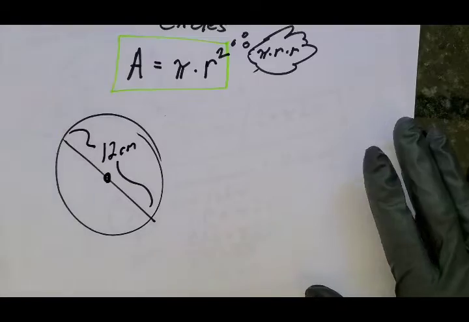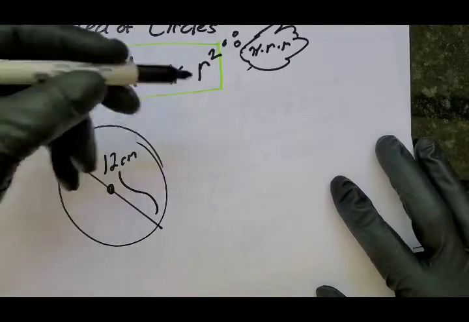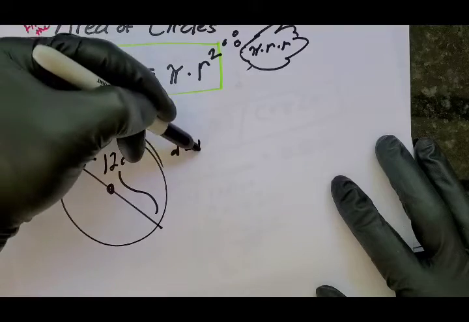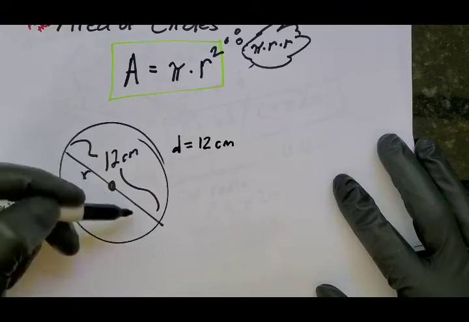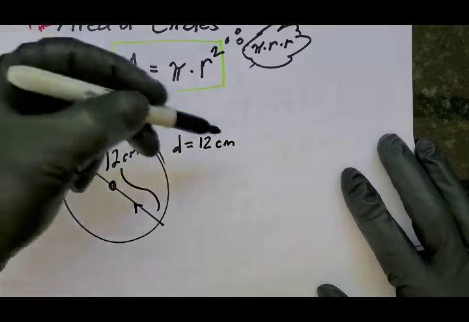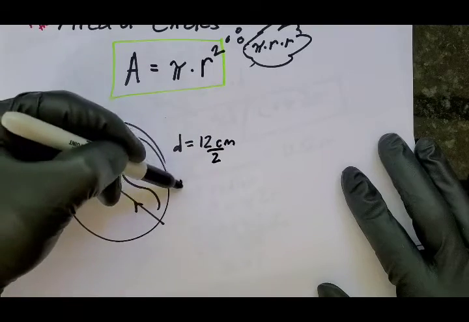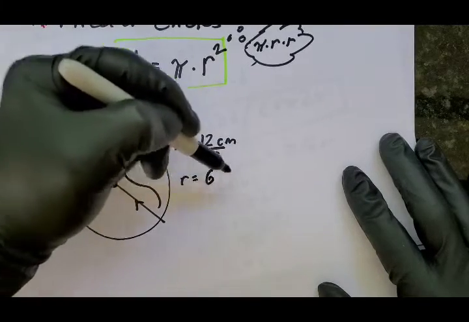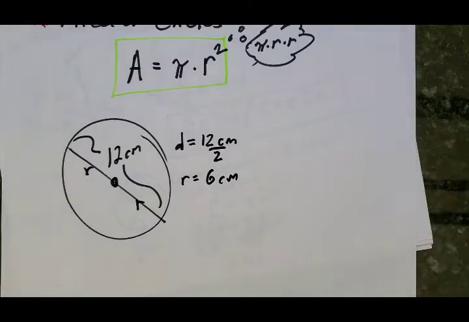So you need to make the adjustment and go from diameter, which in this case is 12 centimeters. And you need to understand that the diameter is really just 2 radii, so you divide it by 2. And in this case here, that'll give you a radius of 6. Okay, so you need to think ahead before you dive into the problem and find the area.